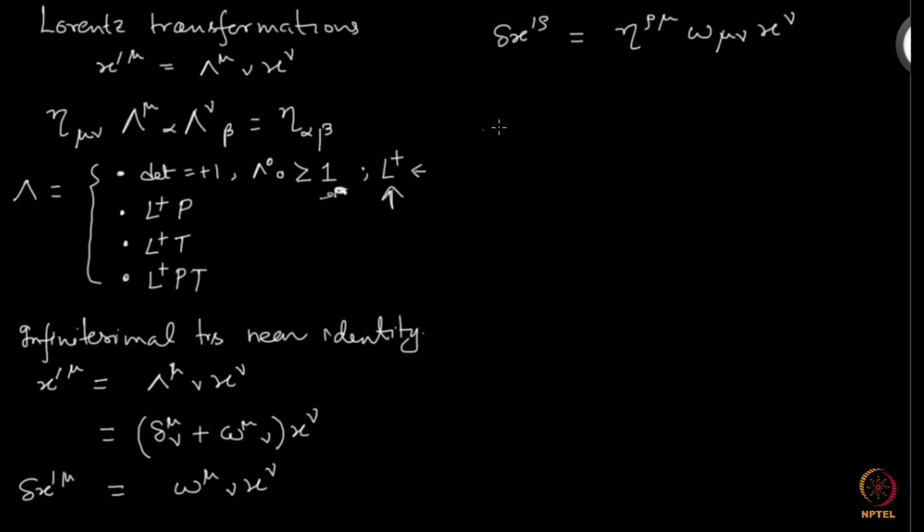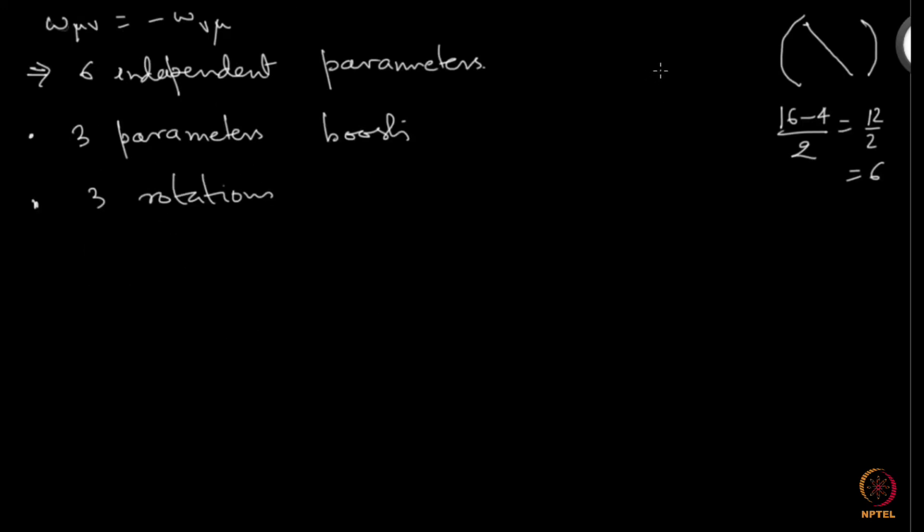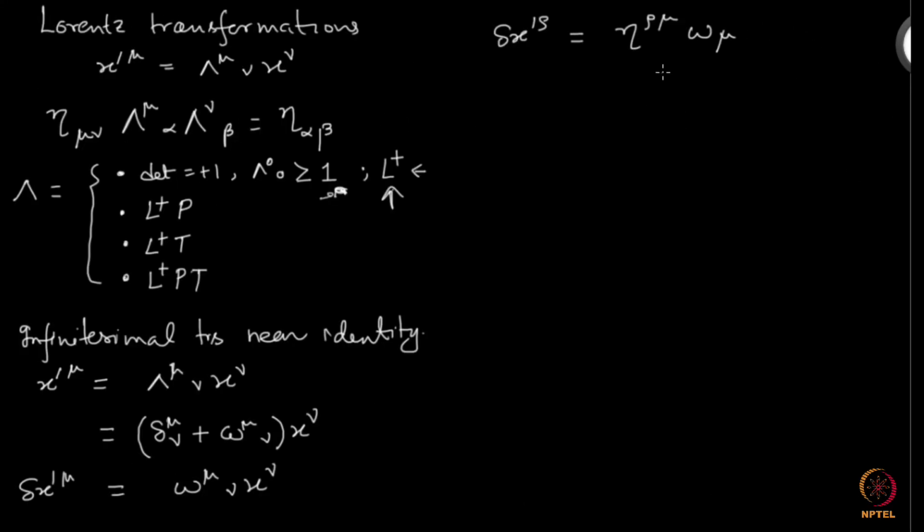Whatever I wrote was correct, but I just want to use sigma instead of nu; it does not matter. So if I look at omega_mu sigma, this 4 by 4 matrix, which is antisymmetric, looks like this.